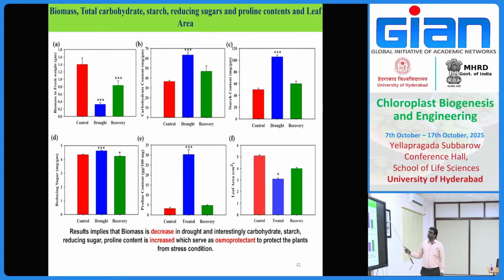What we did here, I just want to show that in drought conditions, this is biomass, we already know there is less biomass, and carbohydrate content is significantly increased.